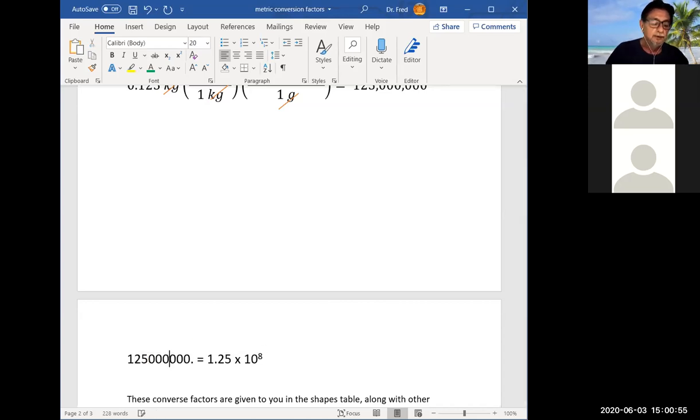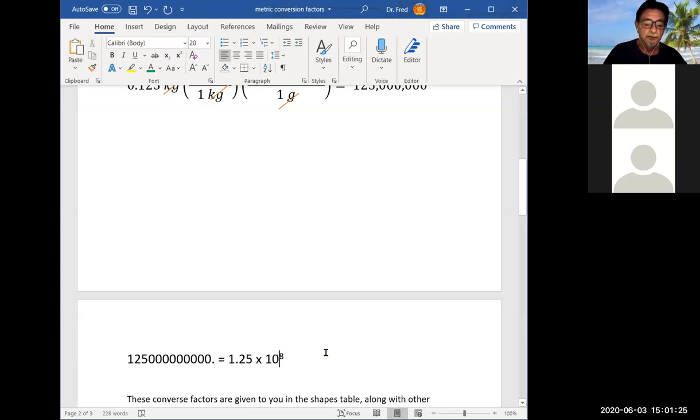Because if we were to add 3 more zeros, how many decimal places would that be? So 11, right? So we would go 1, 2, 3, 4, 5, 6, 7, 8, 9, 10, 11.